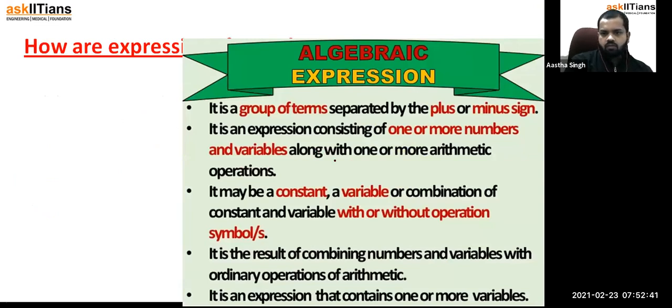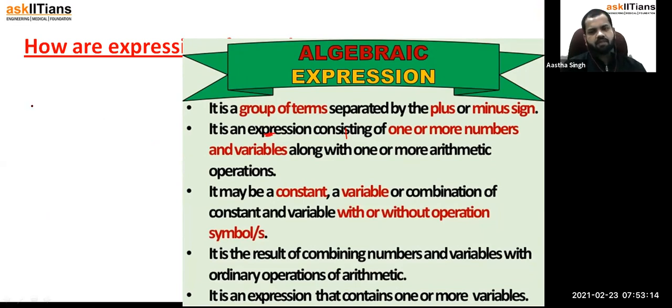Okay, so how are expressions formed, right? Algebraic expression, how are algebraic expressions formed? First point, it is a group of terms separated by plus or minus sign. It is an expression consisting of one or more numbers and variables along with one or more arithmetic operations.